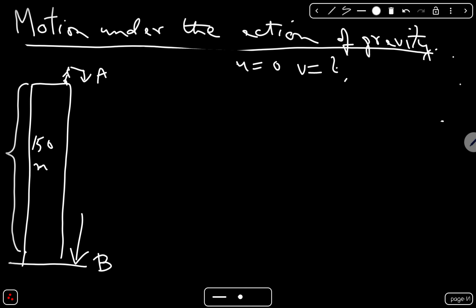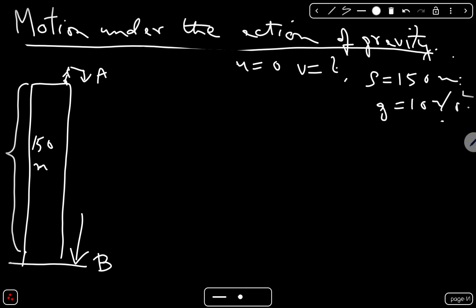They have given you the height of the building, which is nothing but the distance covered by the stone as it is dropped from A to B. So distance s is given to us as 150 meters. And the value of g they have given us is 10 meters per second square, so acceleration due to gravity has to be taken as 10 m/s².